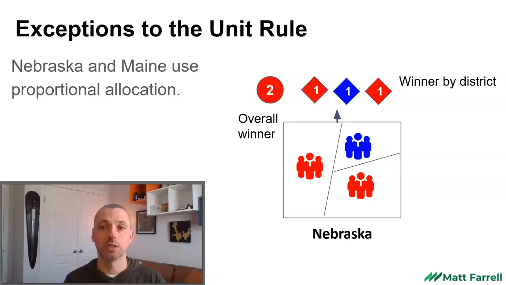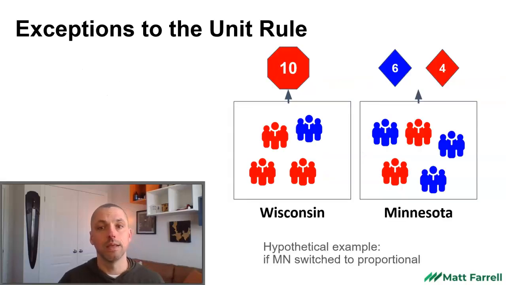And for each local winner, they give 1 point. So in a state like Nebraska, instead of giving 5 points to the red team, in this case, they would get 4, and the blue candidate would get 1 electoral vote because of their performance at the congressional district level.